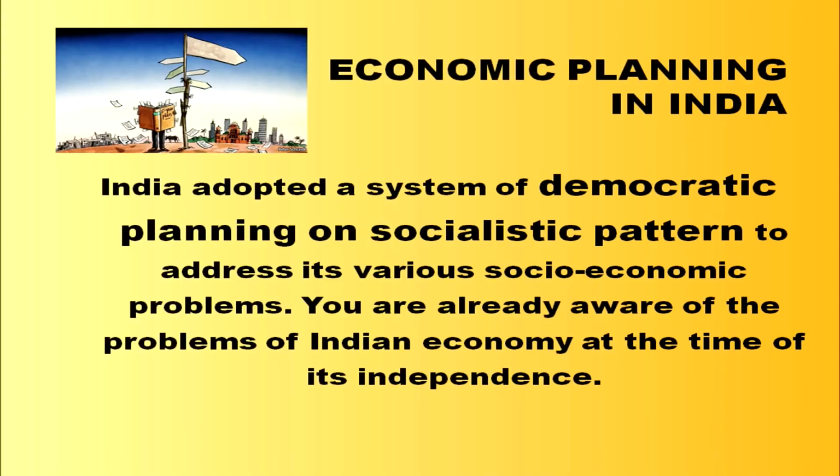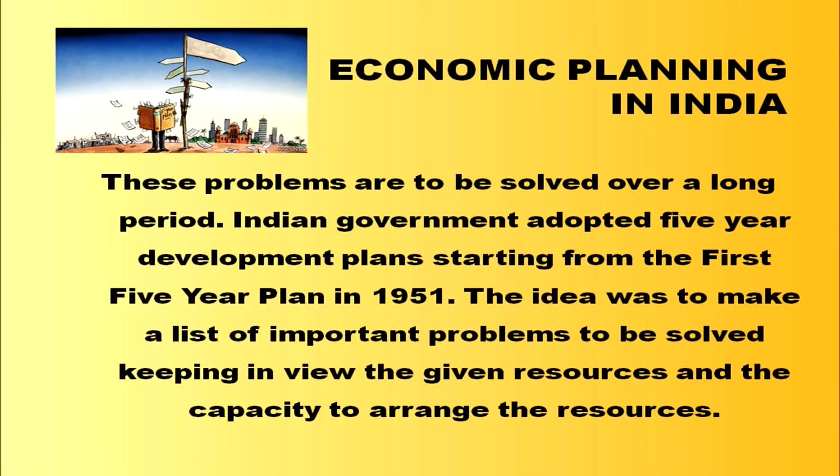Let us now understand how economic planning has progressed in India. India adopted a system of democratic planning on socialistic pattern to address its various socio-economic problems. You are already aware of the problems of Indian economy at the time of its independence. These problems are to be solved over a long period.